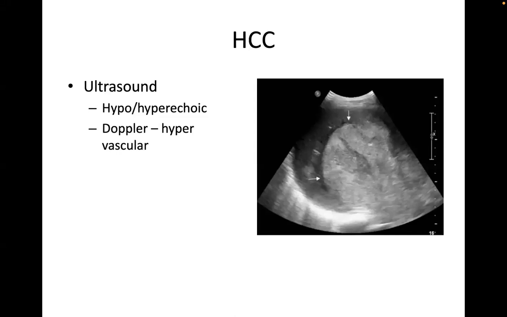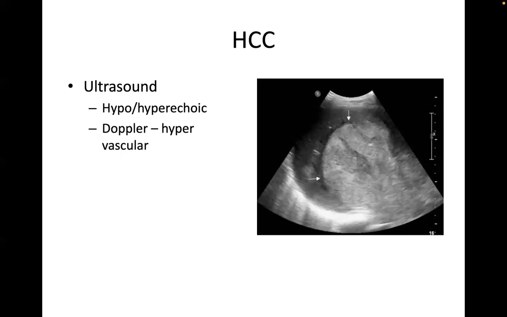With HCC, especially on CT scan, how they look depends more on the size. Sometimes the smaller ones can be confused with a hemangioma, where they take contrast and diffuse. The bigger ones might be confused with other bigger lesions like a cholangiocarcinoma.